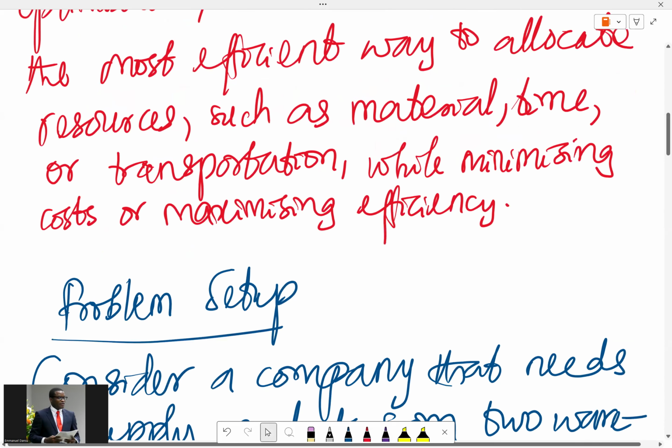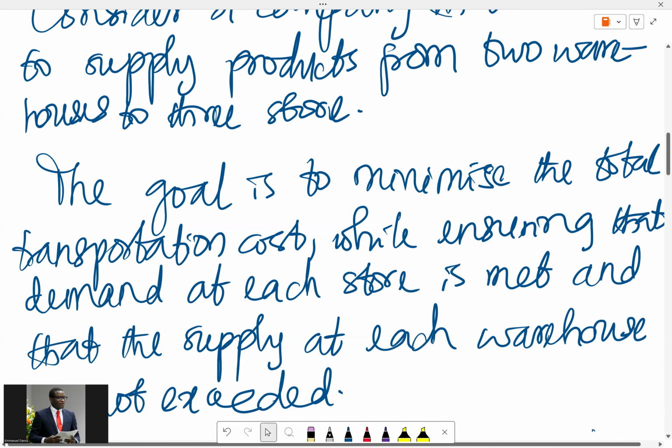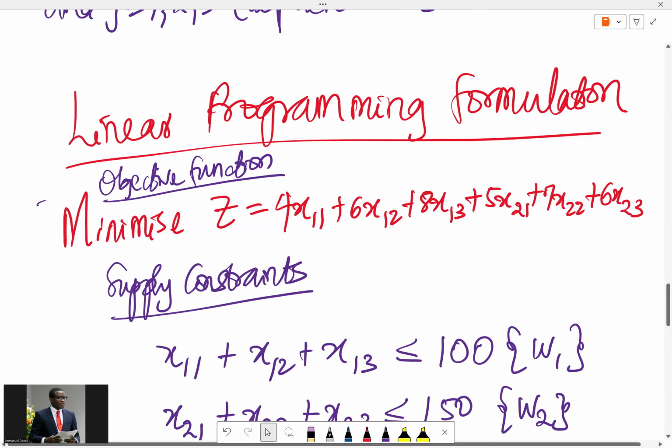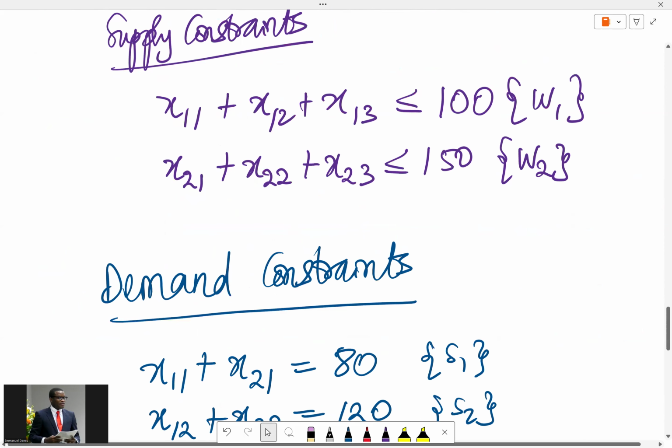So if you look at the objective function again, what is it now? Yeah, the objective function is 4x11. Okay.